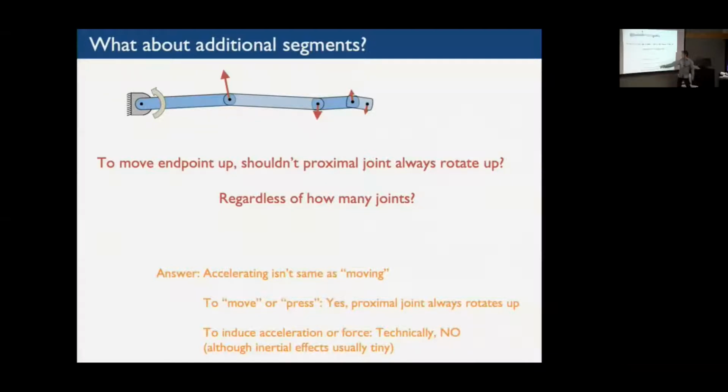But if you want to induce acceleration or force at the endpoint, the answer is technically no, or maybe I should say not necessarily, because it depends on how many segments we're going to include. And then, if I sprained my finger and I have a splint on one of the joints, then it reverses the sign of the effect of the induced acceleration.